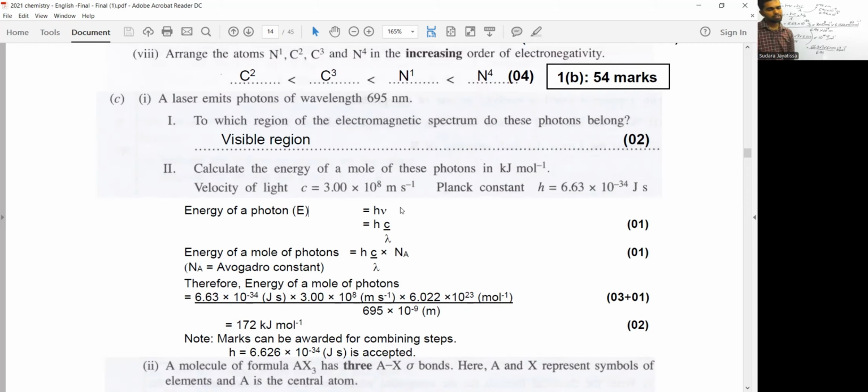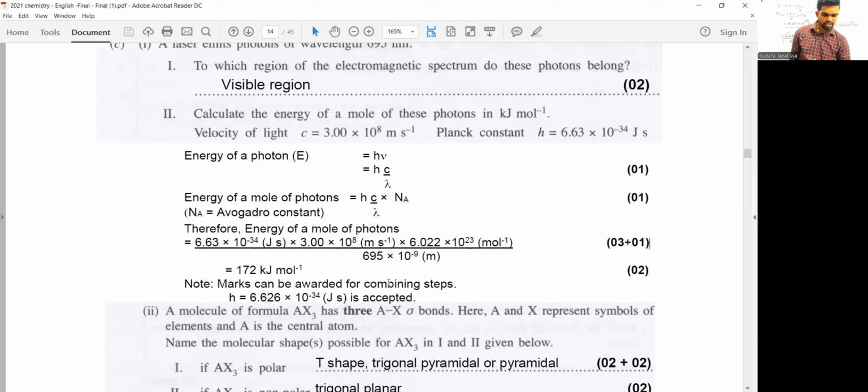And for the proper substitution, 3 plus 1. That plus 1 is given for units. Okay, and finally, 172 kilojoules per mole will come. You will only lose 2 marks. From the 100 marks they gave, you can score 98.